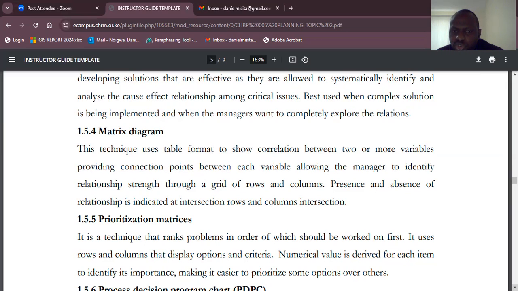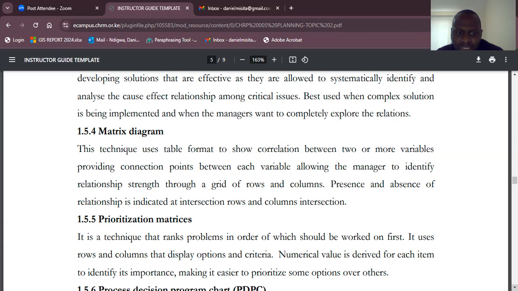So it tries to show that relationship between the two levels of managers so that at the end of the day, it shows some level of relationship or correlation amongst those variables. So the matrix diagram also helps to identify the relationship or strength through a grid of rows and columns. So we shall be able to look at that later.